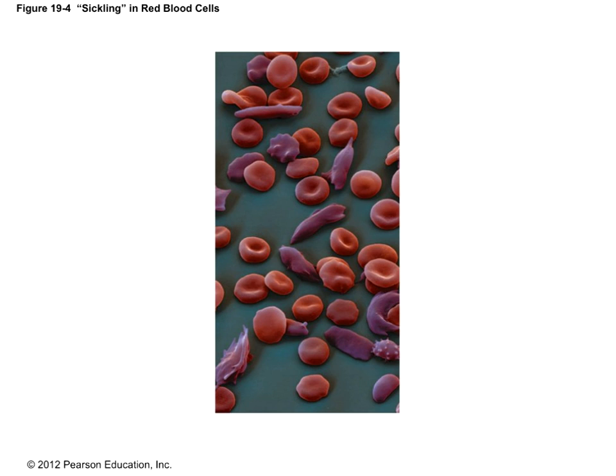So here what we're looking at are some sickled red blood cells. Let's take a little blast from the past, if you will, a few minutes ago when we talked about the coloration of red blood cells. If we have this nice bright red color, who is attached to that iron? Oxygen, absolutely right.